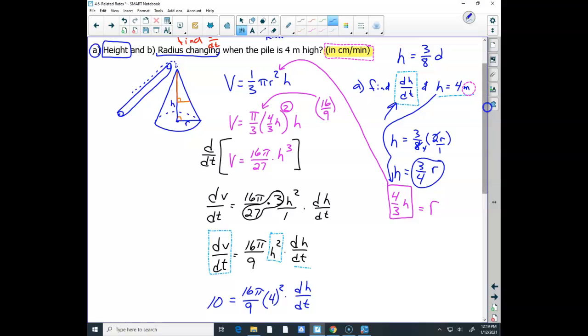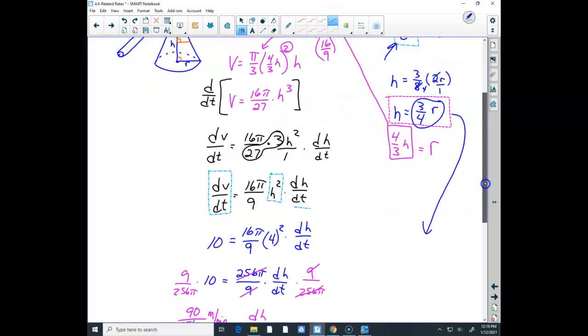I don't want to do that, because I already have a really nice equation relating my height and my radius at all times here. So what I'm going to do is I'm going to take this other equation here.